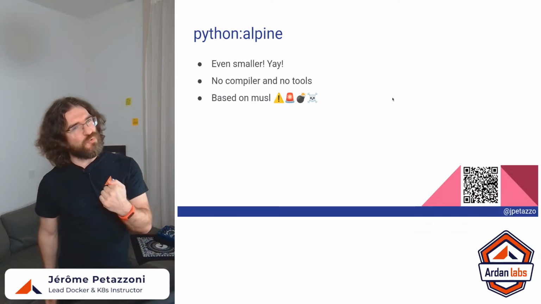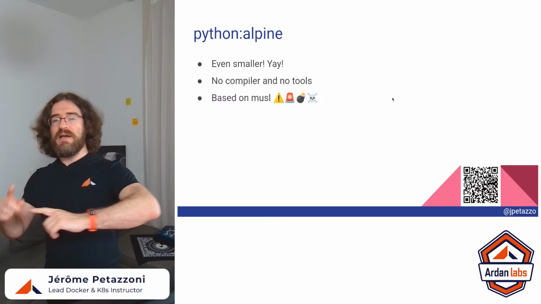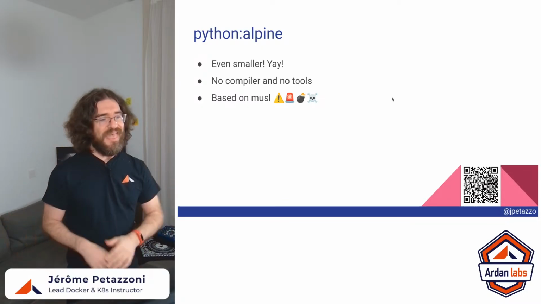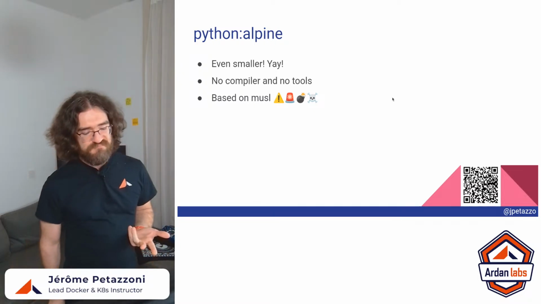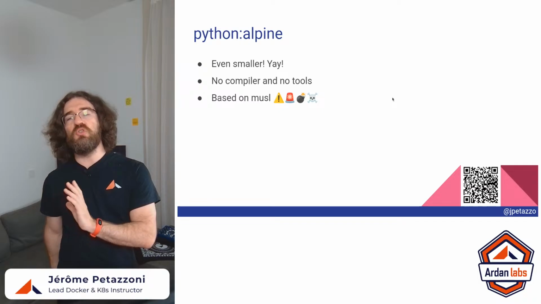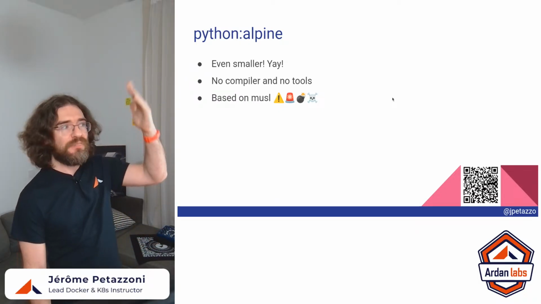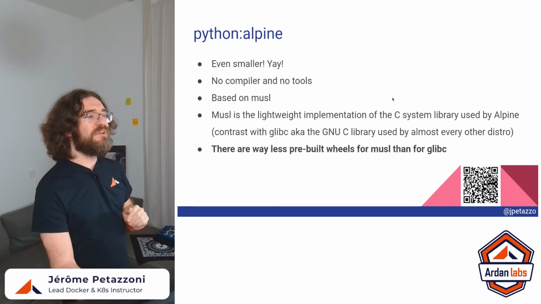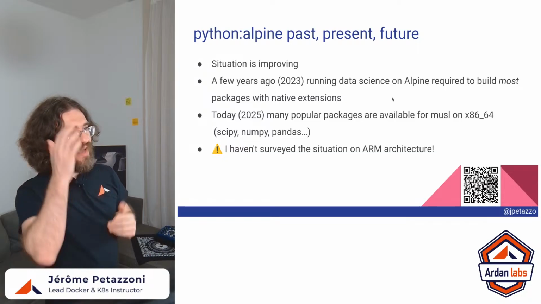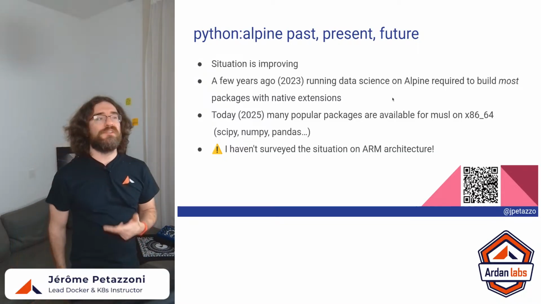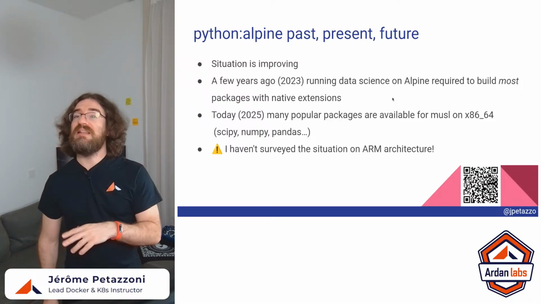And since you need to recompile, it means that all the stuff about the precompiled Python packages doesn't work anymore. So a few years ago, there was almost no precompiled Python wheels for Alpine. The situation though is evolving a little bit. Now I would say the usual suspects, like SciPy, NumPy, Pandas, are available for Alpine.